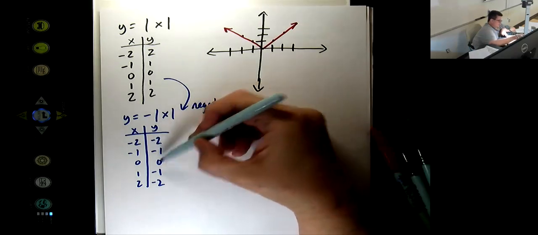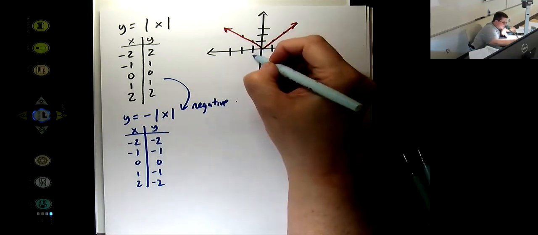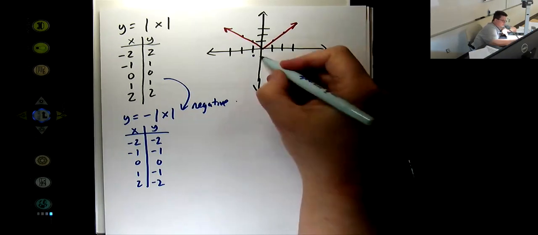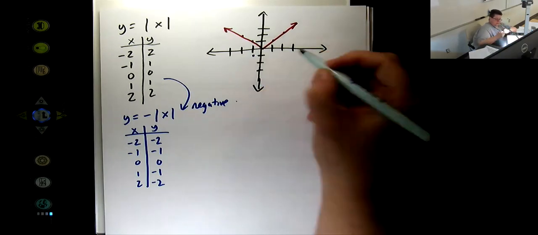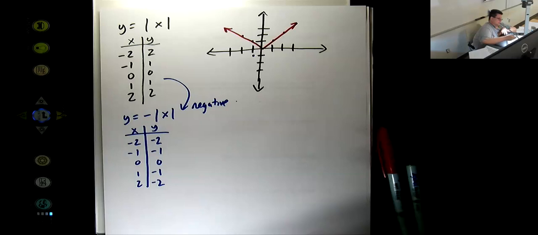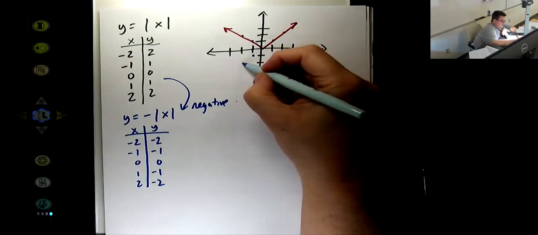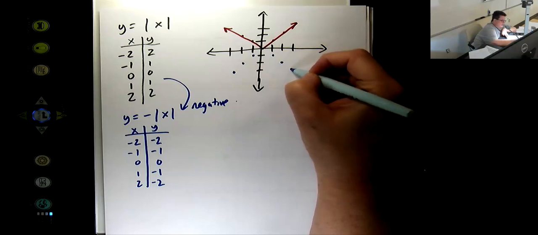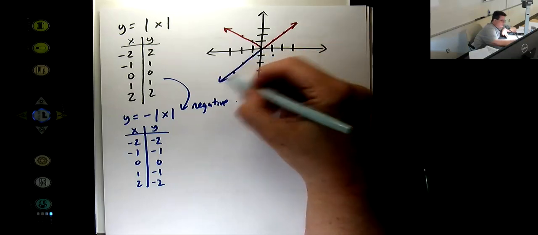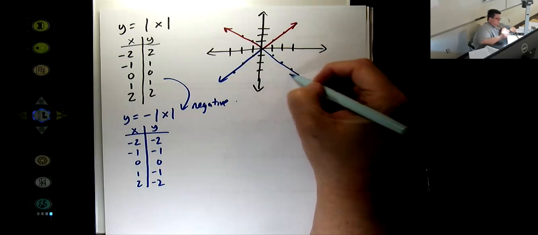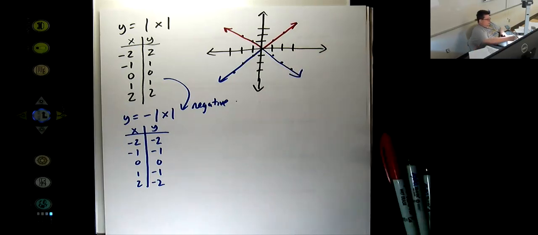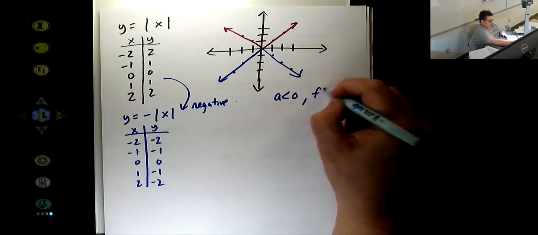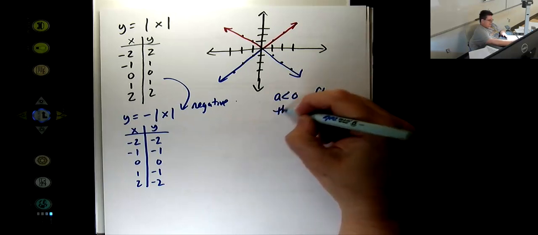And all these y values are below the x-axis. So maybe I need some hash marks there. So when a is less than 0, it flips the graph over the x-axis.